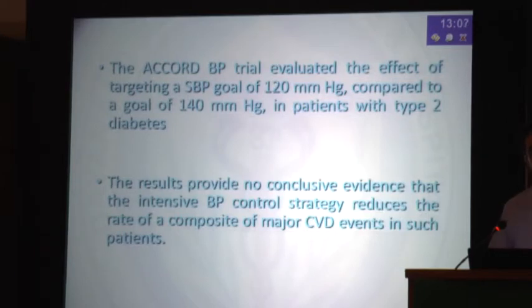So the results of ACCORD provide no conclusive evidence that an intensive BP control strategy reduces the rate of the composite of major cardiovascular events in such patients.